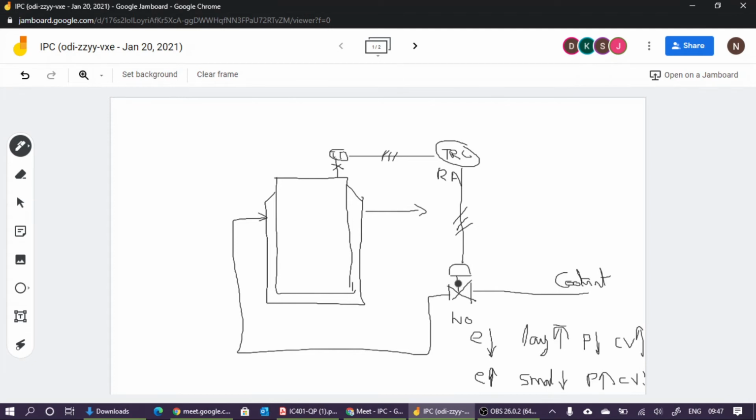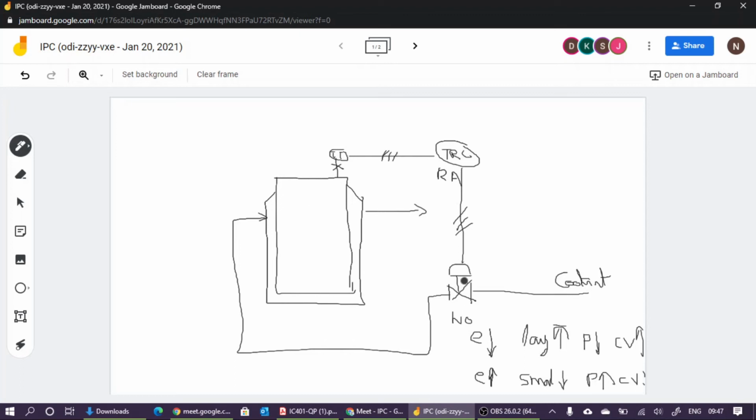But in normal situation, if the measurement is exactly equal to the set point, then the valve opening is exactly equal to 90%, if you are using a proportional controller. Okay, so what will happen if the measurement is greater than the set point?